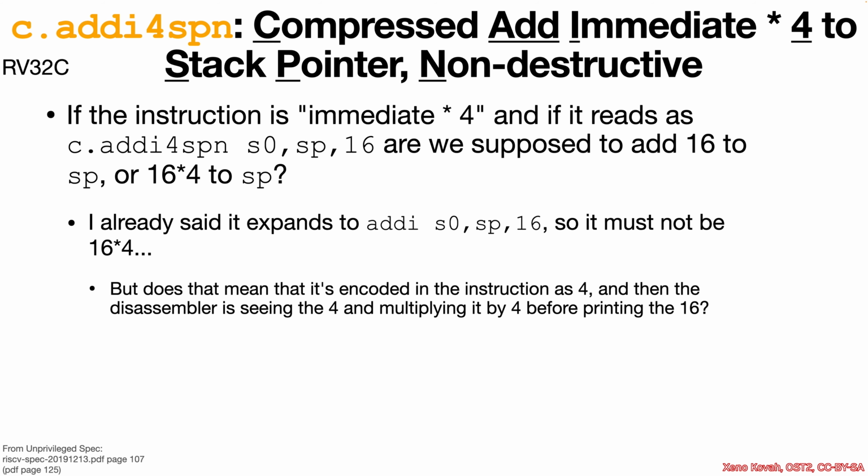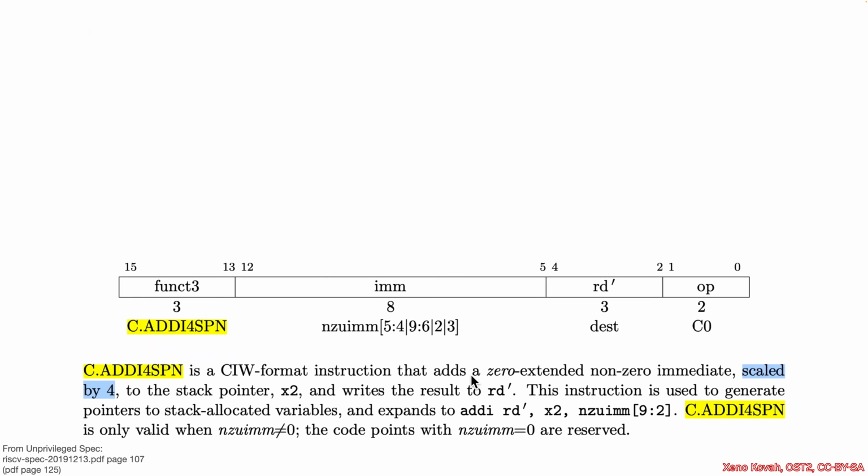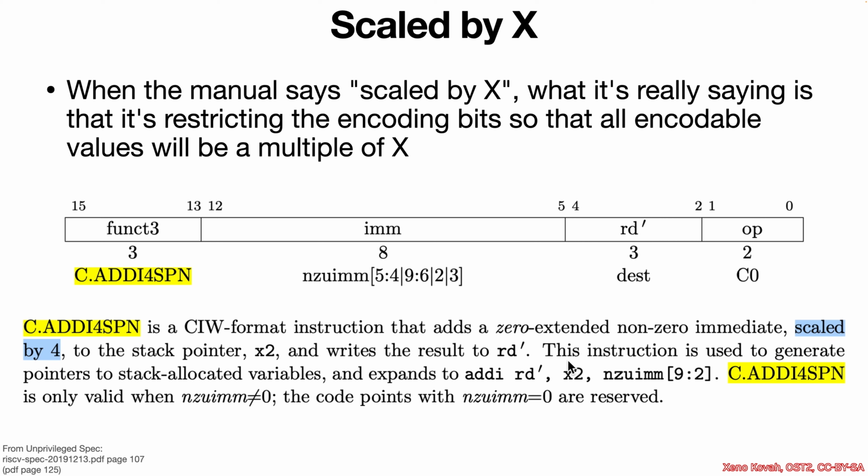But that still leaves us with ambiguity: is the actual 16 encoded into the instruction, or is the disassembler hiding the fact that there's a 4 there, multiplying it times 4 and giving us a 16 to display for the human? Again, we can only figure that out if we drill down into how the C.ADDI4SPN is actually encoded. So let's zoom in on this. There is an element here that is going to recur in other compressed instructions, and that is this portion here.